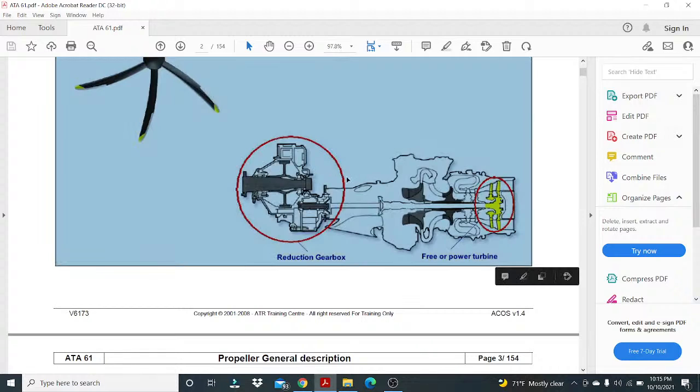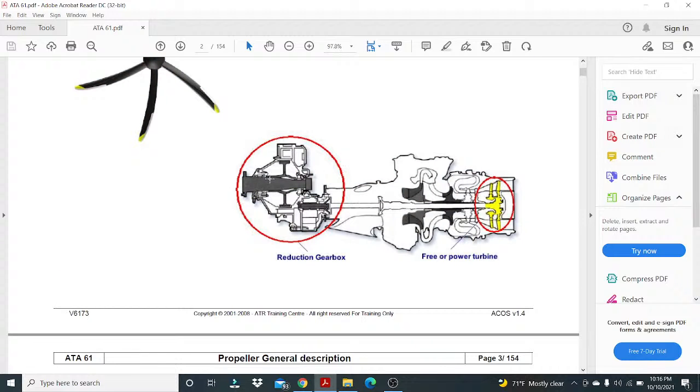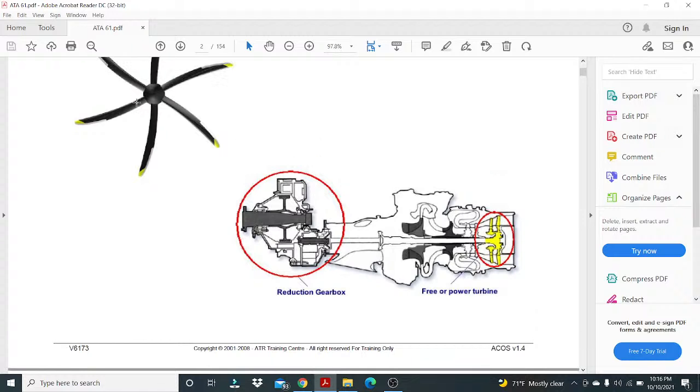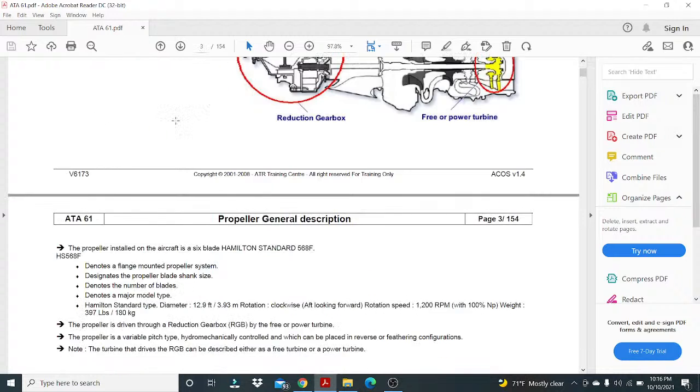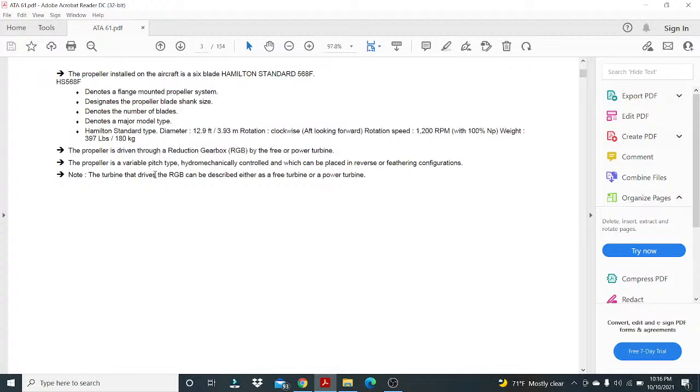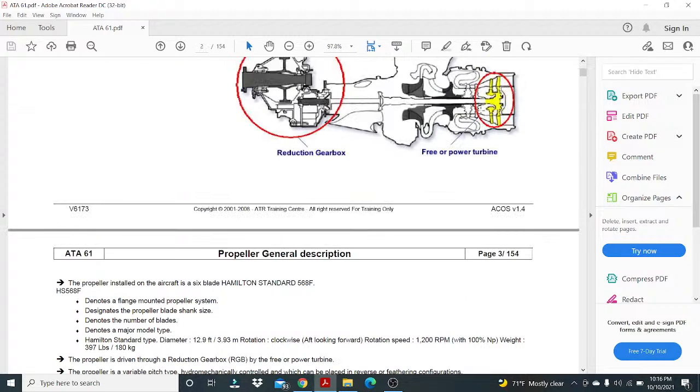First the free or power turbine rotates, then the reduction gearbox rotates, which then rotates the propeller. So this is the source.